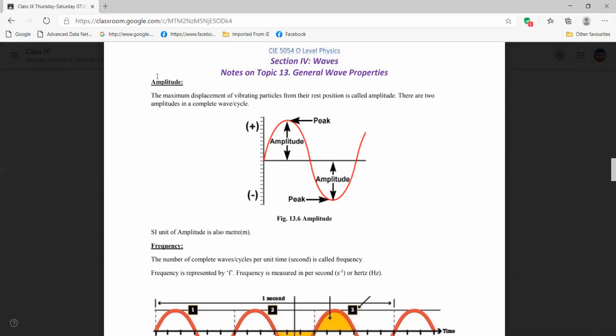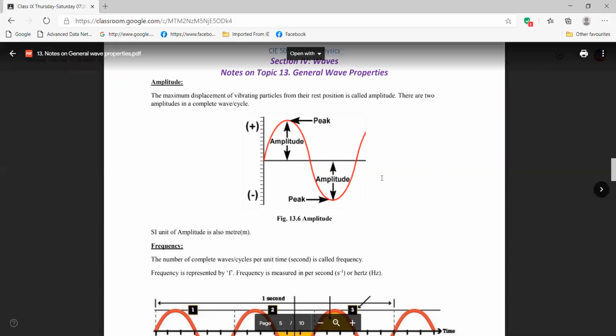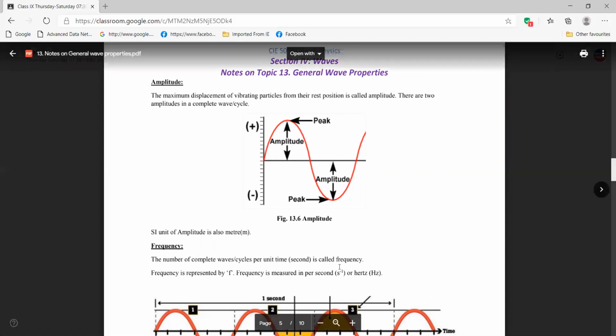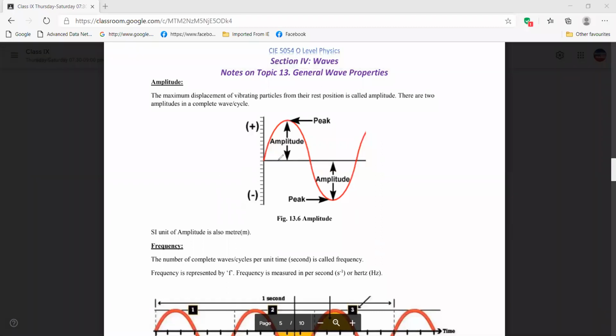and draw this diagram. After drawing this diagram, then you label some other points like this position.